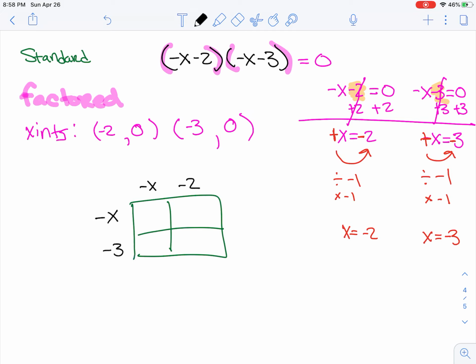Really super important. Negative times a negative makes a positive x squared. Negative times a negative makes a positive 2x. Negative times a negative makes a positive 3x. Negative times a negative makes a positive 6.